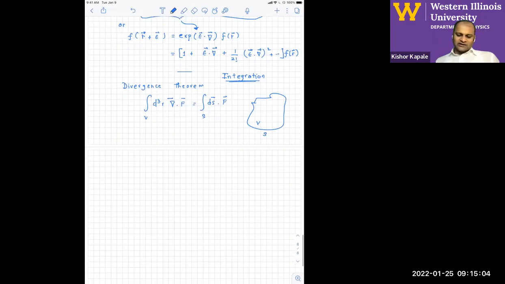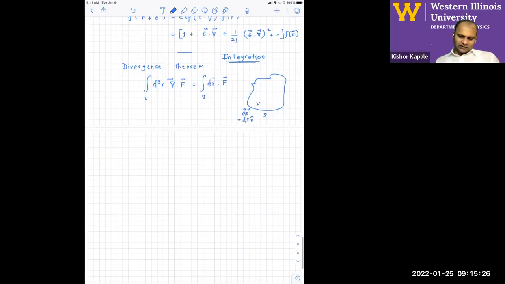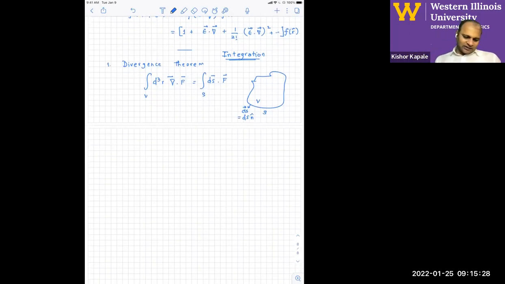And ds is the unit vector of that surface pointed away from the volume, and f dot ds would just give you how much of that field is coming out. Actually ds is normally written as ds dotted with n hat, and n hat is always away from the volume. That's the simplest form. We will take a look at that in more detail later.